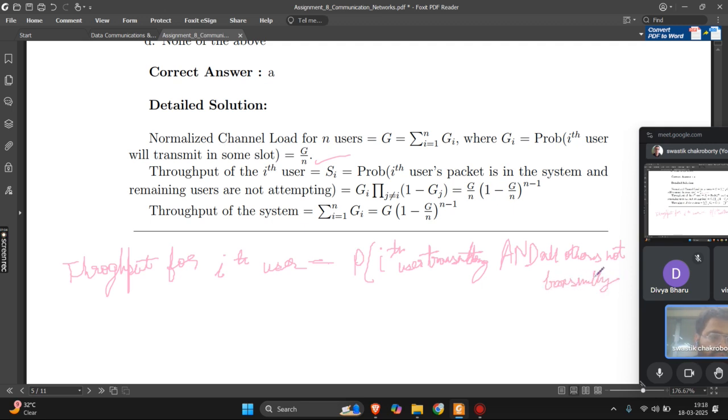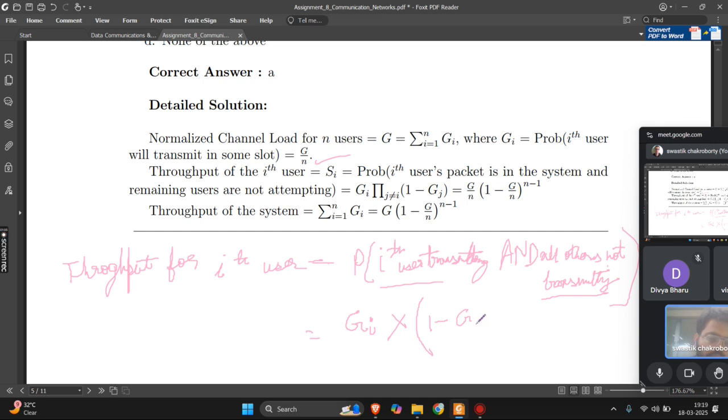So two things have to happen simultaneously: all others not transmitting and the ith user transmitting. Each one of them has a traffic load of say Gi. So the ith user transmitting will have a probability Gi, and all other users not transmitting will have a probability of 1 minus Gi.